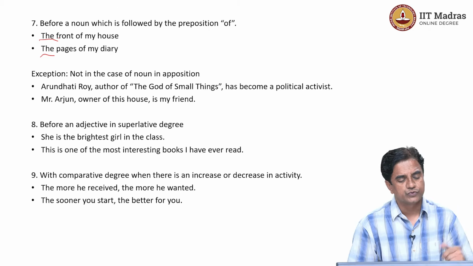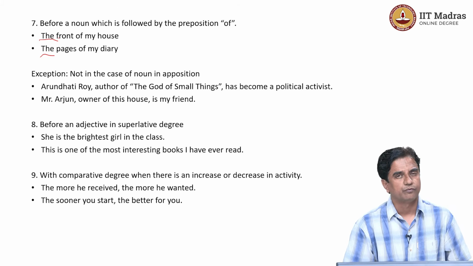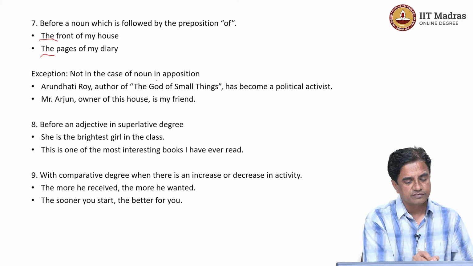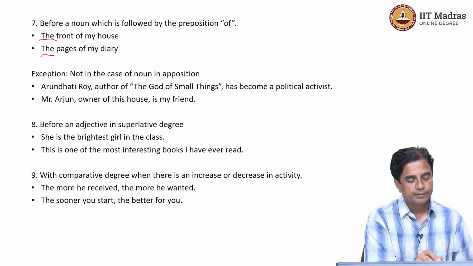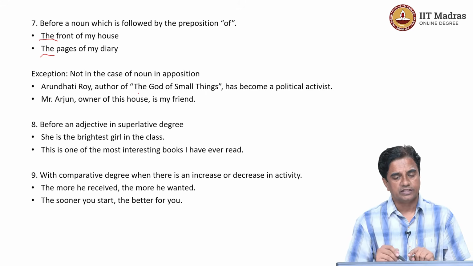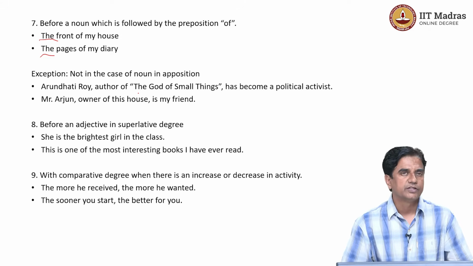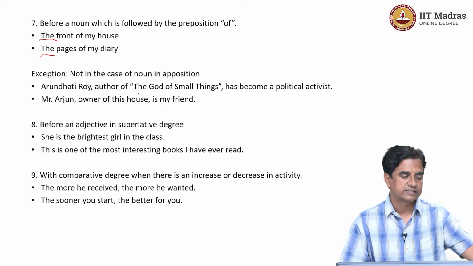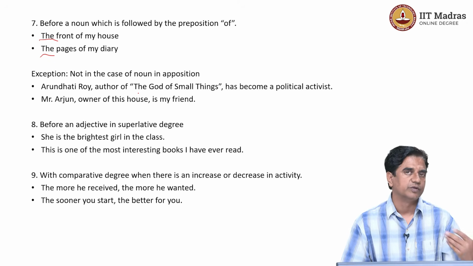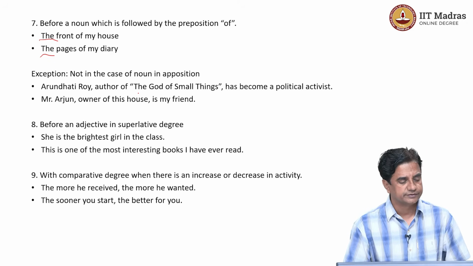We have given you two sentences here as an exception, but if you go into the details, they are not really exception. We are saying not in the case of noun in apposition, but if you see the noun in apposition, that's a name of something. So this rule doesn't apply here. But nonetheless, when you look at number 7 in the total context, you will understand there is no counter. These are not counter examples to anything.